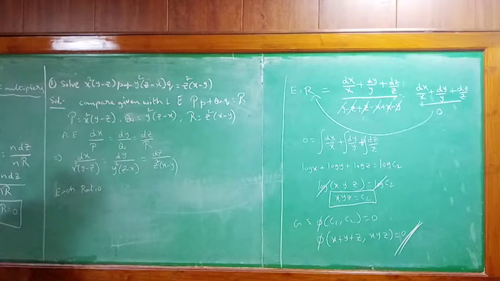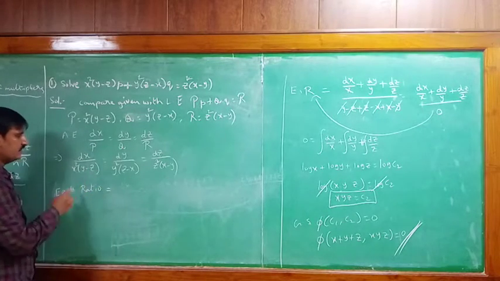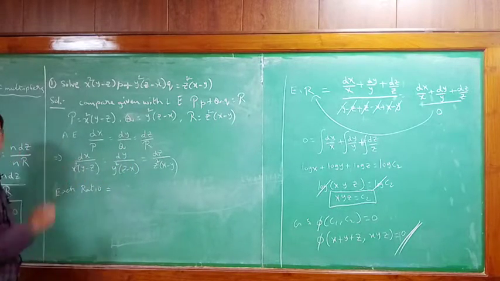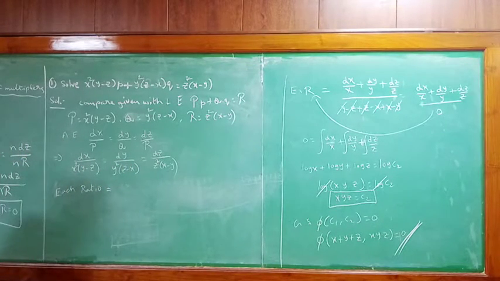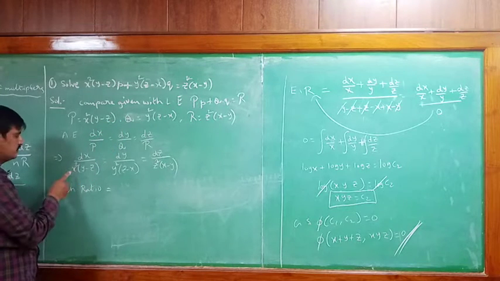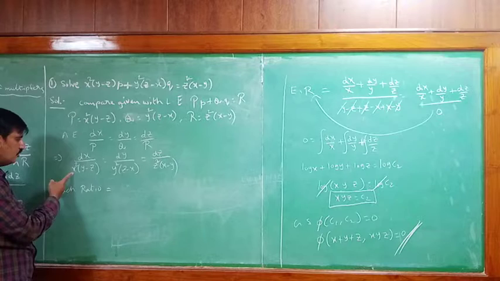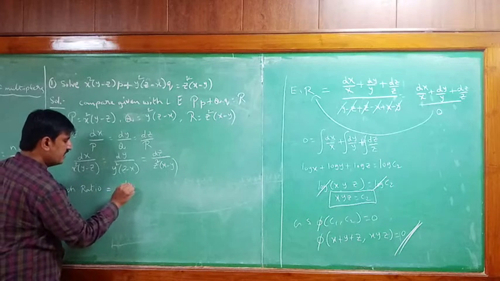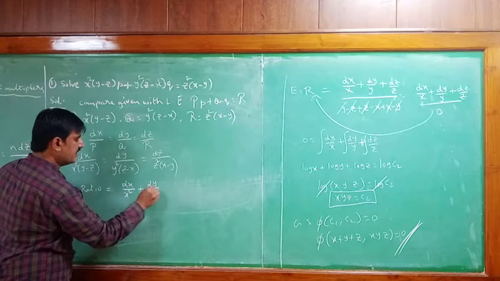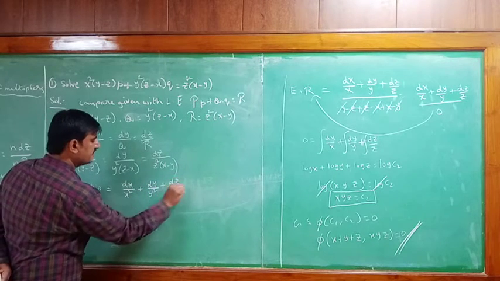Each ratio equals, now we need to add or subtract these three ratios. What do we have to do here? Earlier, in the previous problem, we took the denominator into the numerator. Similarly here, you take this denominator into the numerator. What do I get here? dx by x square plus dy by y square plus dz by z square.